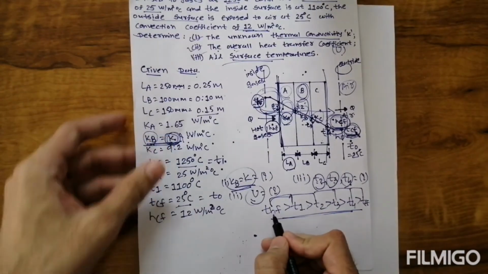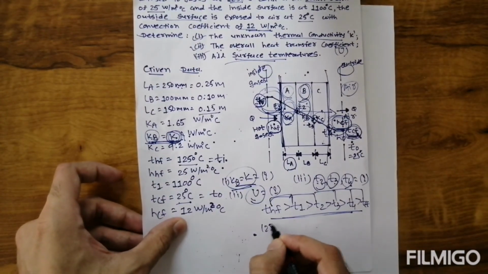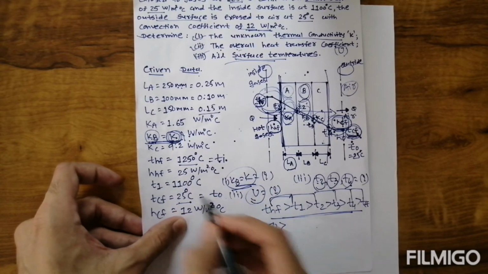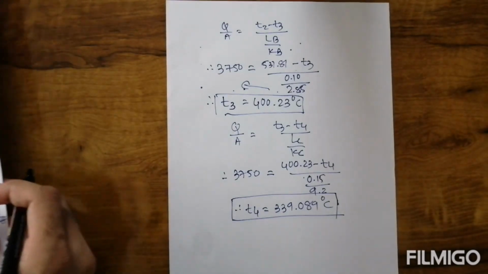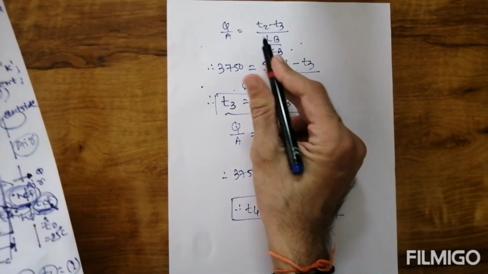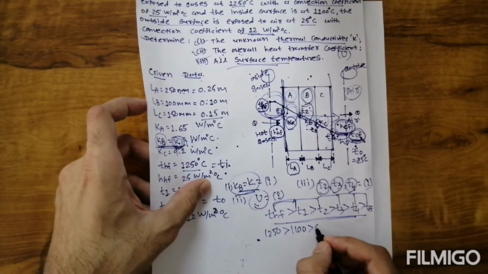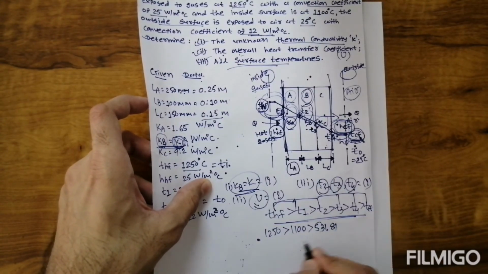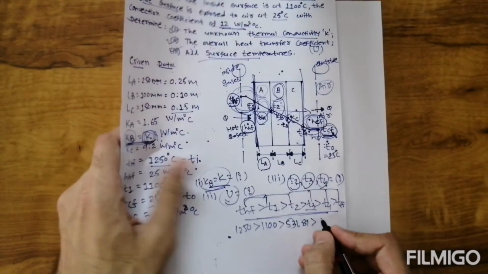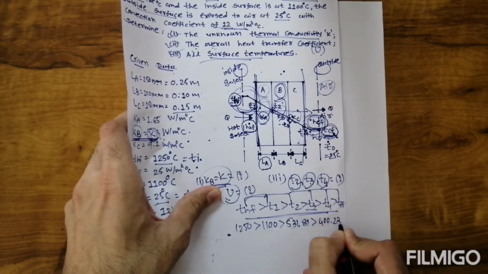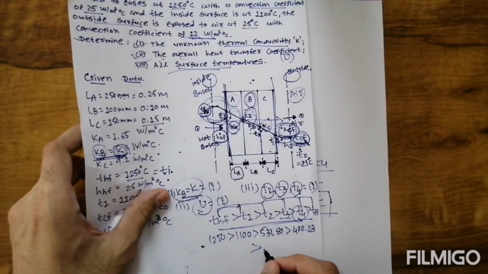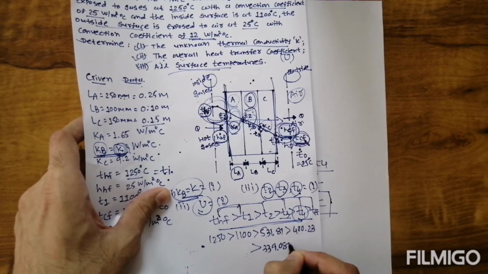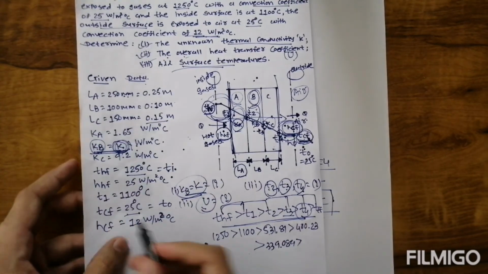THF is given as 1250, greater than T1, which is 1100. Our T2 answer is 531.81, T3 is 400.23, and T4 is 339.089, and TCF is given as 25.